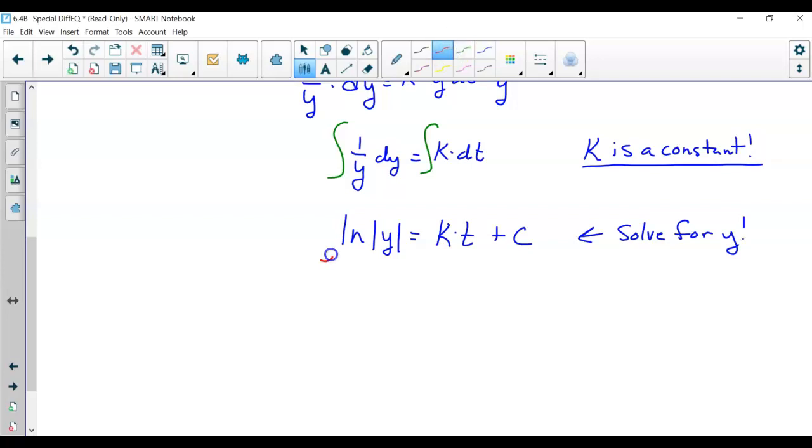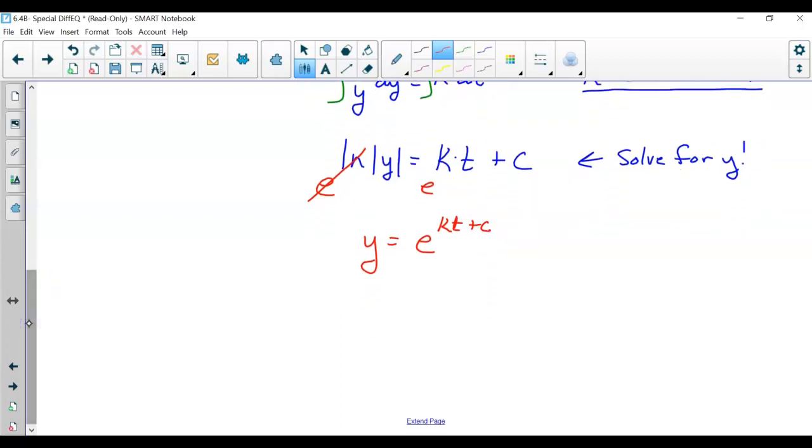I can say, hey, I can base e both sides, and it gets rid of that, so I get y equals e to the kt plus c. And we always wanted to find c. Well, we can't find c here, but remember, y equals e to the kt, like we've been doing, times e to the c, where this e to the c is just a number.